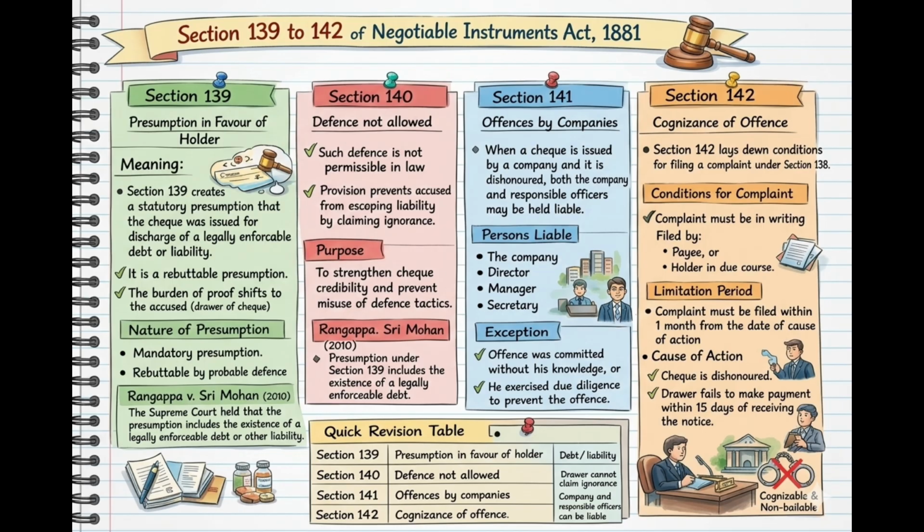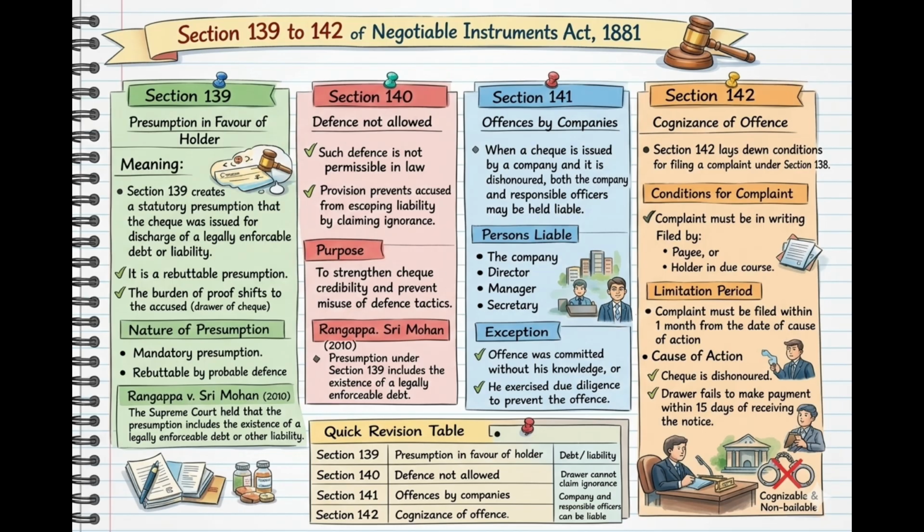The persons liable may be directors, managers, or the secretary of the company. The only escape is proving the offence was committed without their knowledge or that they had exercised due diligence.